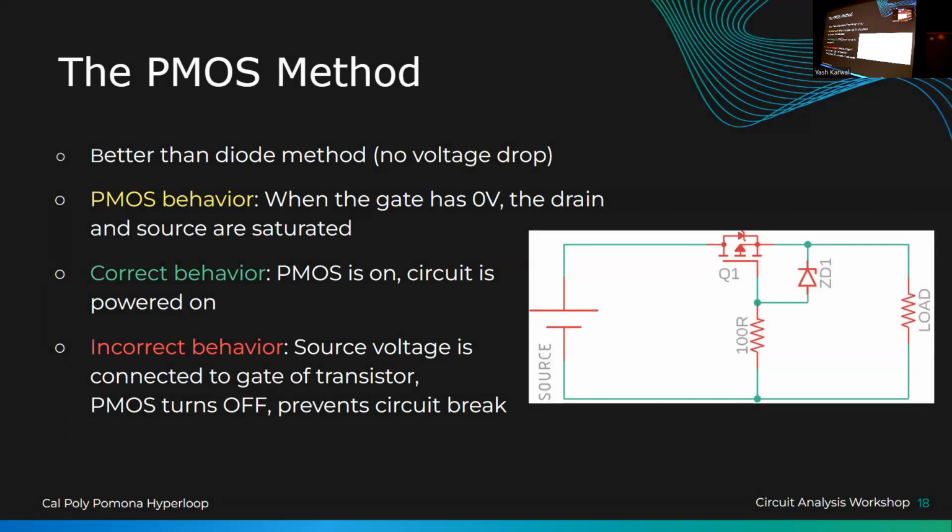Unlike the diode method, there is no voltage drop, or at least it's very minimal. Earlier we learned that a PMOS, or a FET in general, is voltage controlled. So if I were to draw this circuit, actually I can show you.